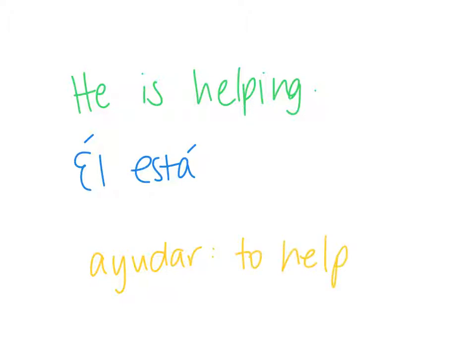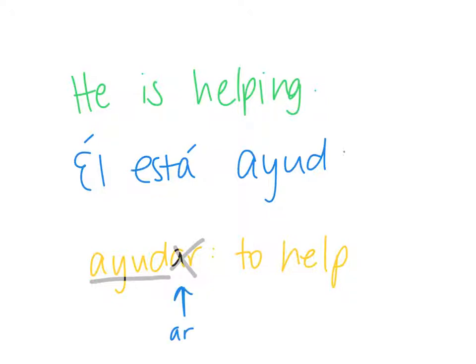Okay, so I'm going to take the stem, which is this, and we get rid of the ending. So I have the stem. And then am I going to add ando or yendo? Well, because this infinitive ends in an AR, I'm going to add ando. So he is helping is él está ayudando. Alright? See, pretty easy. Let's do another one.